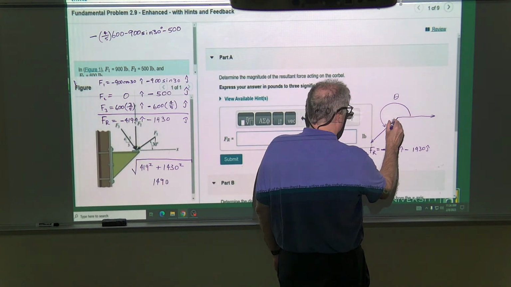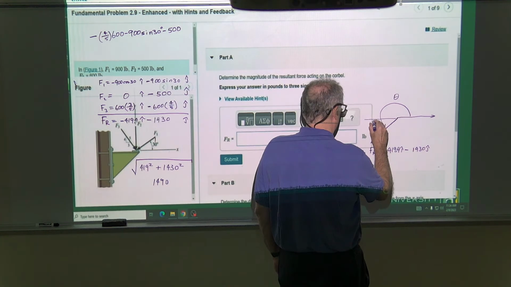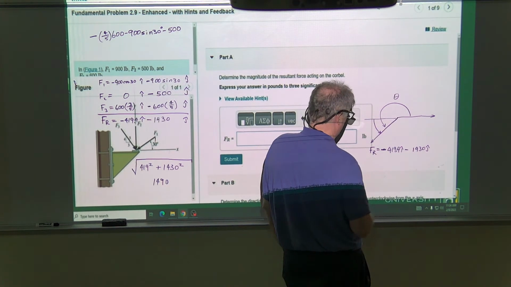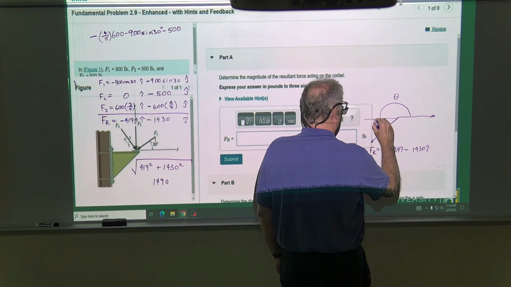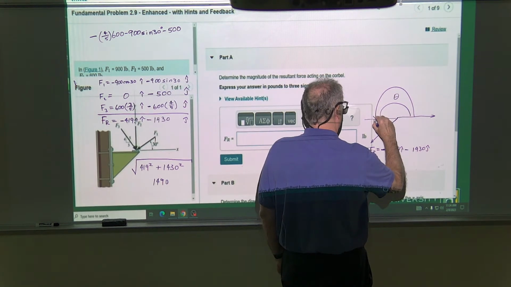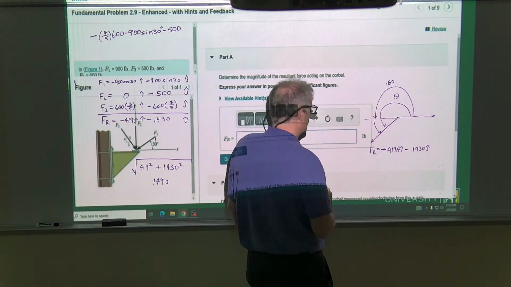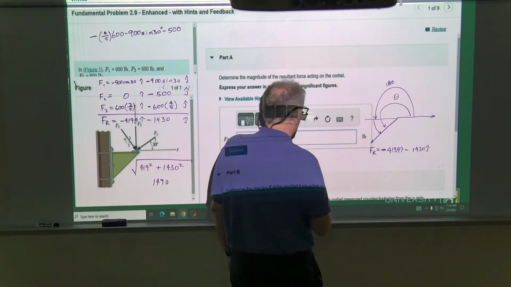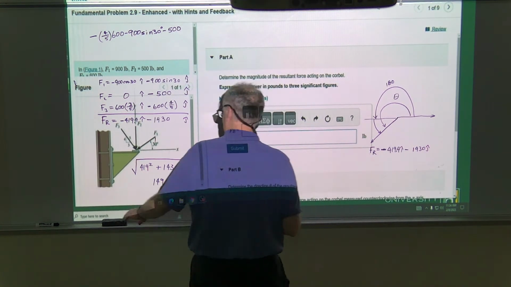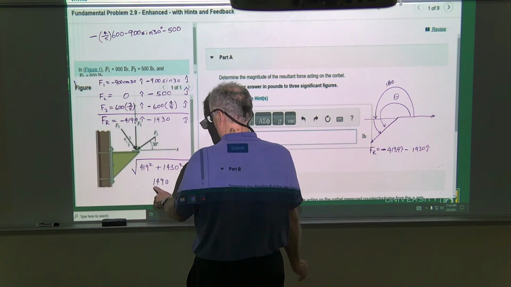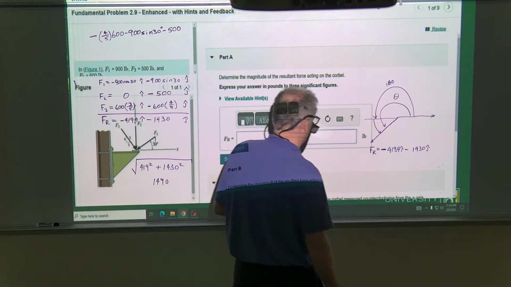So there's a couple of things I could do. You could basically do that and add 180 to it. I don't know. So the magnitude I already found, that's 1490, right?